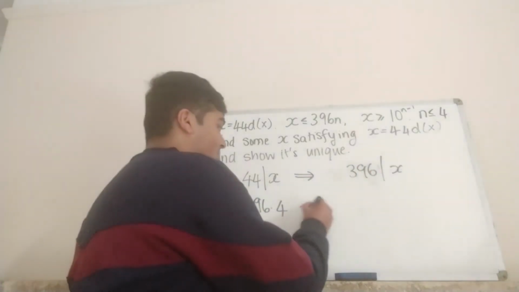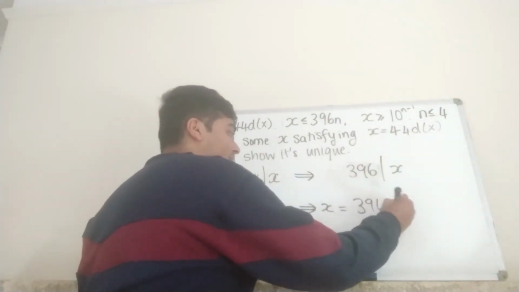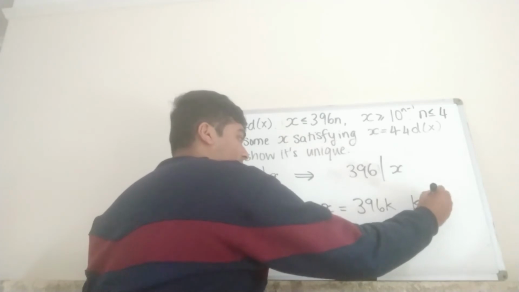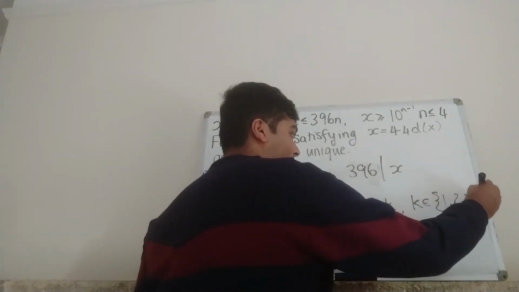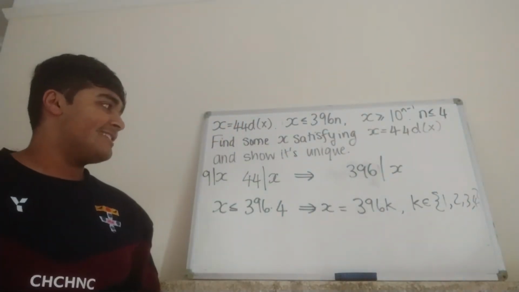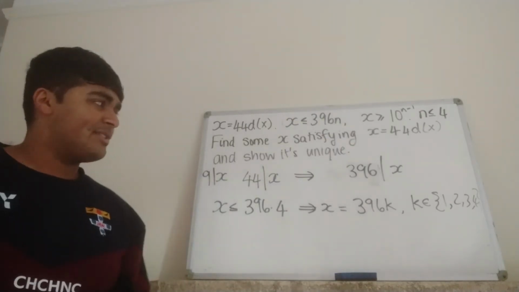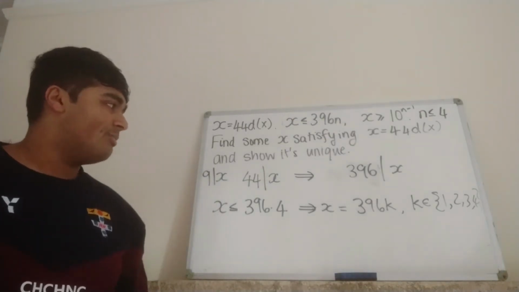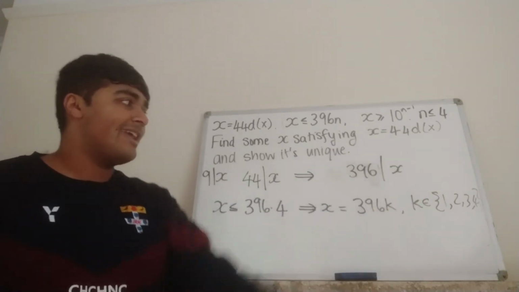So that just tells us that we only need to check a few cases. X equals 396k, for k being in the interval 1, 2, 3, 4. Because for any k bigger than that, we would contradict this inequality, because x would then be bigger than 396 times 5, which is not possible. So we have that x equals 396k for k equals 1, 2, 3, 4.